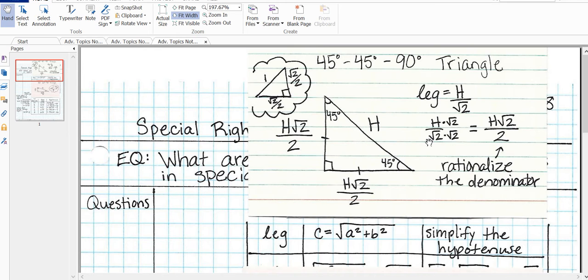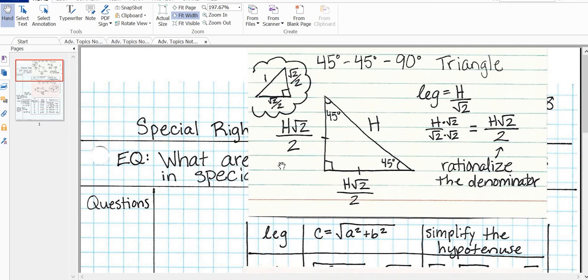Okay, so if we times the denominator by rad 2, rad 2 times rad 2 gives us 2. And then for our numerator, the hypotenuse times rad 2, just write it as h rad 2. So then that is the value of our leg. And remember, both legs in a 45, 45, 90 triangle are congruent, so they're both labeled the same.